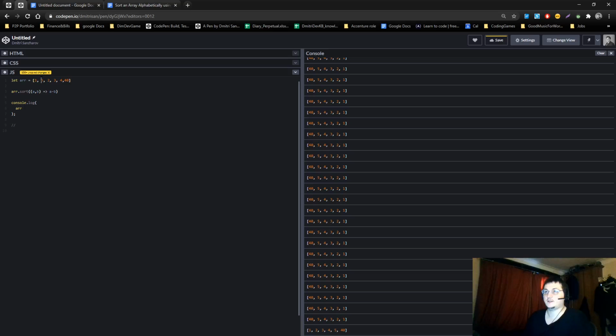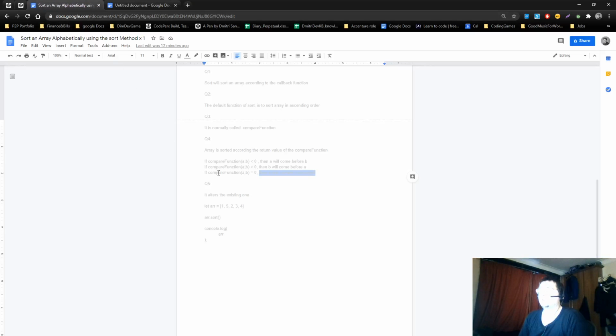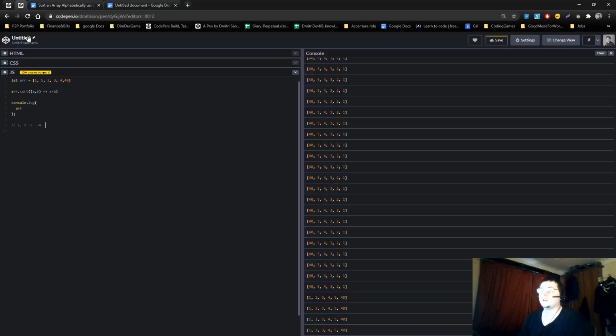So 1 is A, 5 is B. Now we're comparing A minus B, 1 minus 5 gives us minus 4. So this is negative. And if we look at our rule, if it's negative, A will come before B, which means that 1 will stay and 5 will be pushed in here.